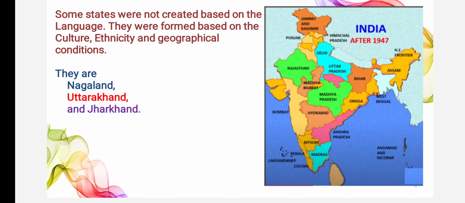These states were Nagaland, Uttarakhand, and Jharkhand. When the demand for the formation of states on the basis of language was raised, some national leaders feared that it would lead to disintegration of the country and to chaos and confusion.